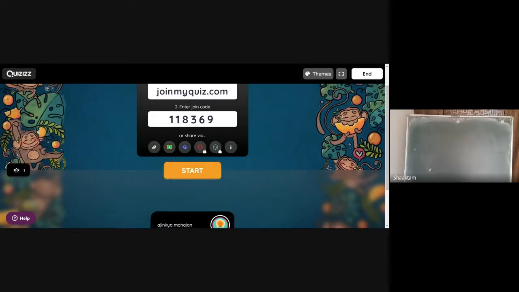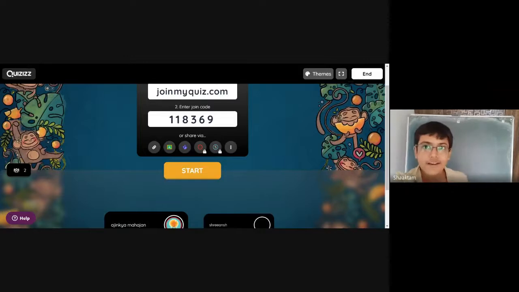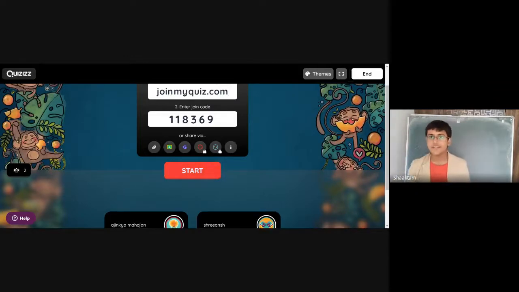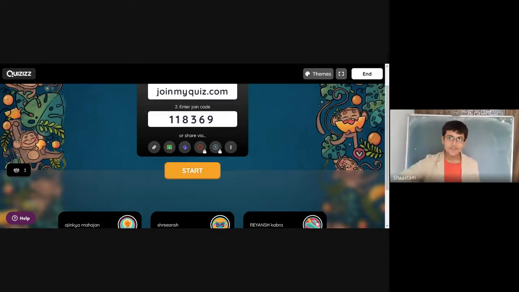Okay, one person has joined. What I've observed in all cases is a war between Ajinkya and Shreyansh, in which Ajinkya is always the winner. Usually the accuracy of Shreyansh is more, but when it comes to speed, he becomes second.